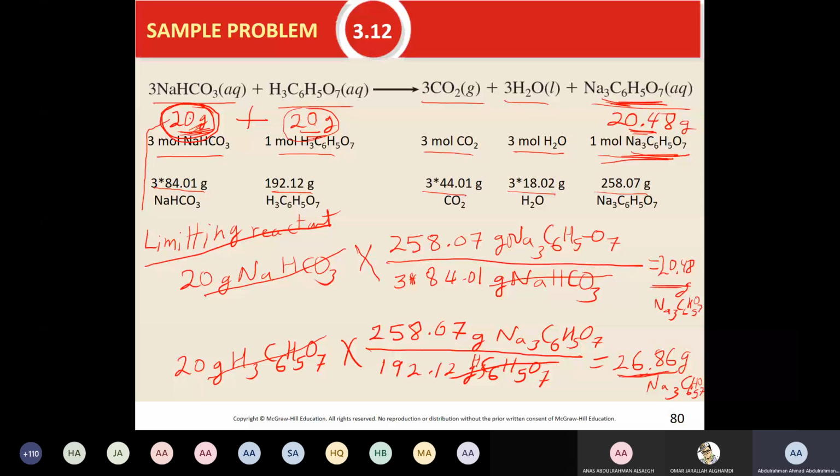Let me give you some help here. If I have 20 gram NaHCO3, then how much H3C6H5O7 do I need? What should I write?